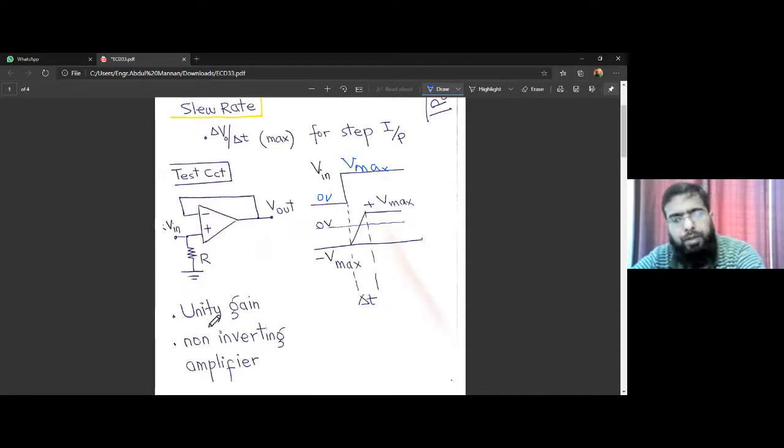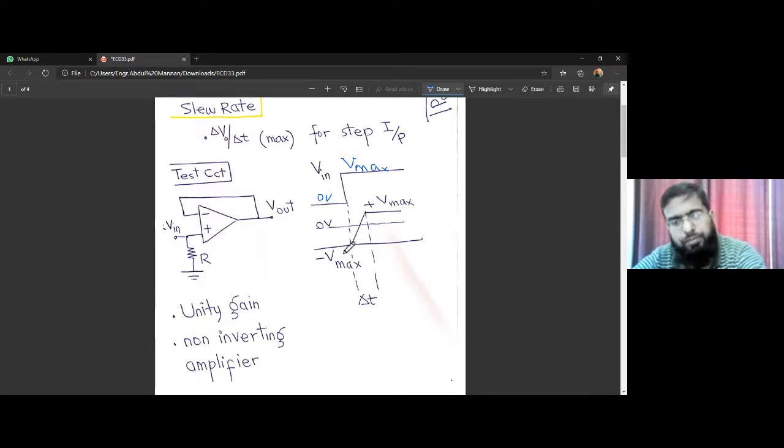So for this sample amplifier, we call it a unity gain non-inverting amplifier, which we'll study further in the upcoming lectures. So it's a test circuit. For this test circuit and for all op-amp based circuits, the output cannot follow the step input as quickly as it was at the input.